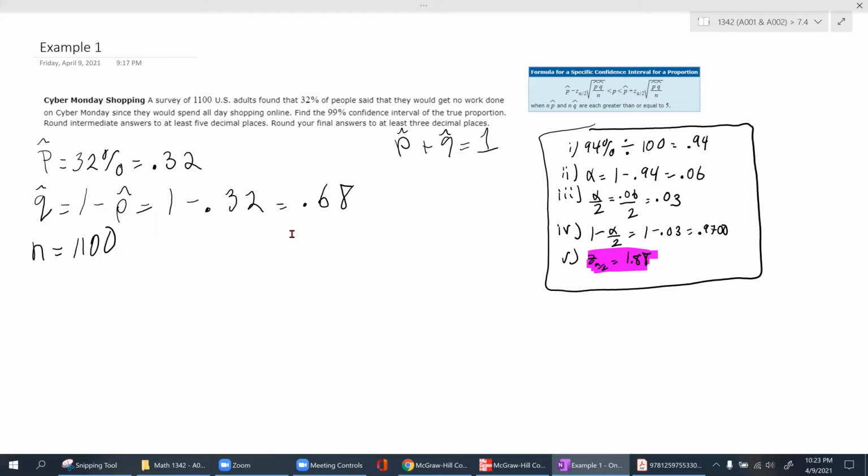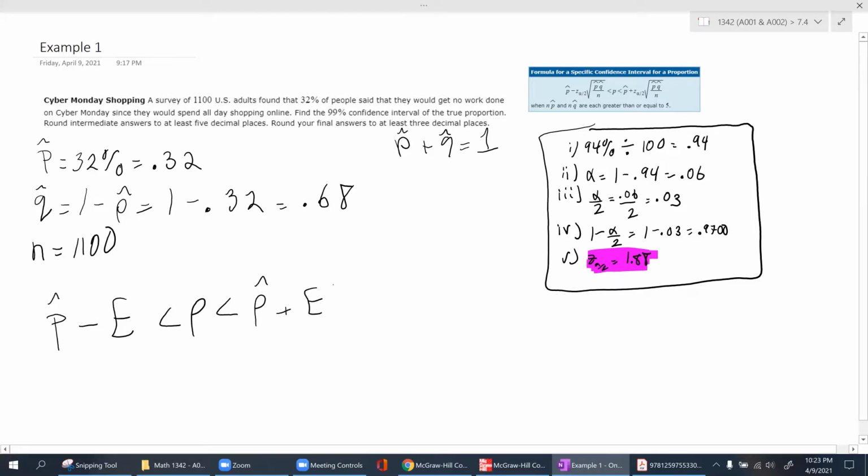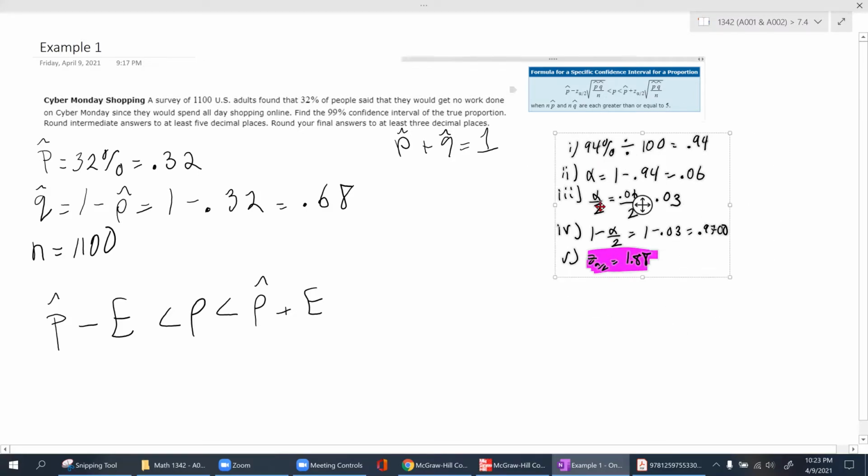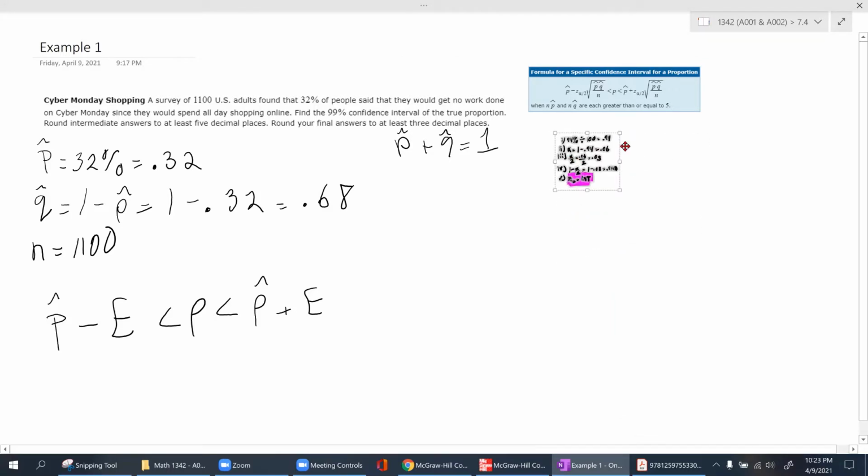Where your formula is going to be p hat minus e, bounded between p hat plus e, and e is going to be my margin of error. If you're looking for the formula, I'm sorry, this is going to be on page 383.